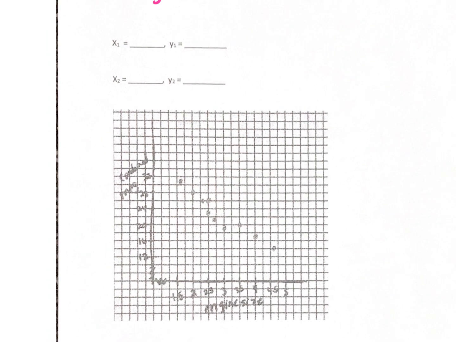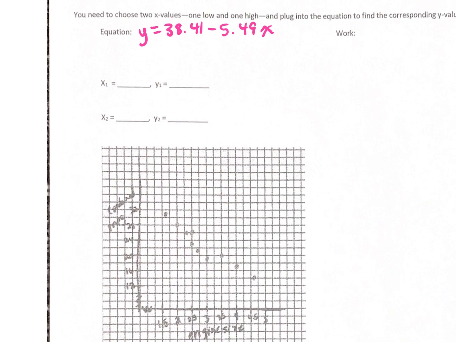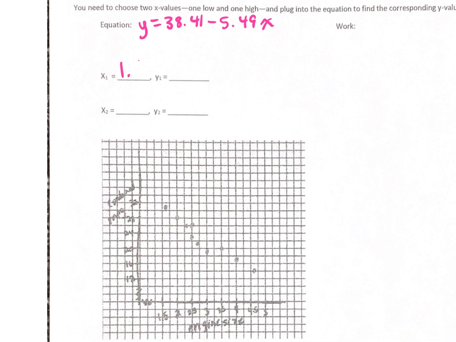Like for the engine size, I would suggest plugging in 1.5 for a low x, and then a high x, so let's plug in 4.5. They do not necessarily have to be numbers that have values in the data set, but they should be within that interval of where the values are. Does that make sense? Okay, so we're just choosing a lower x value and then a higher x value.